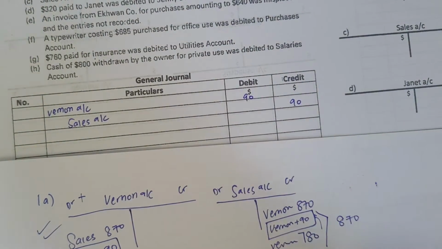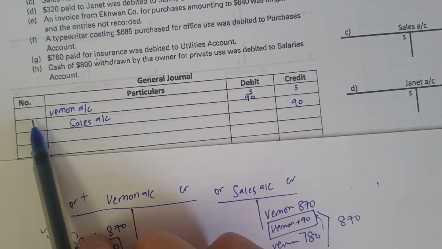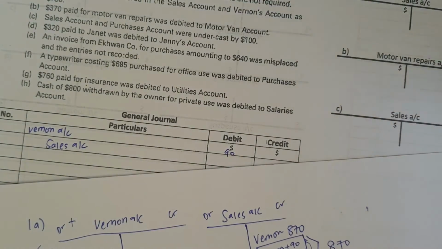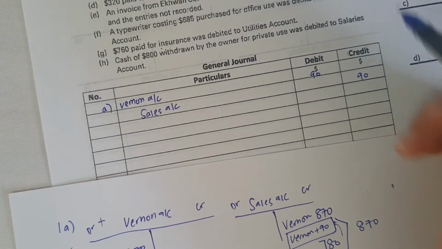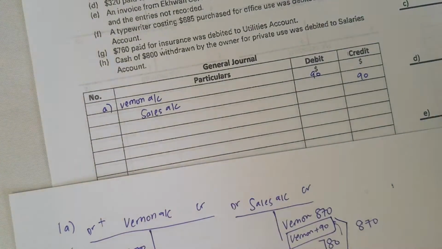Now normally for this we have to write the date, but because it's not given to us, we just omit it. We'll just write A for now, okay? And they say narrations are not required, so you don't have to write the narrations over here, okay?